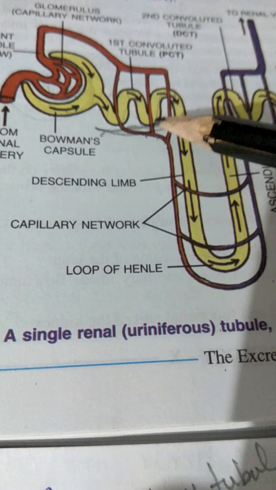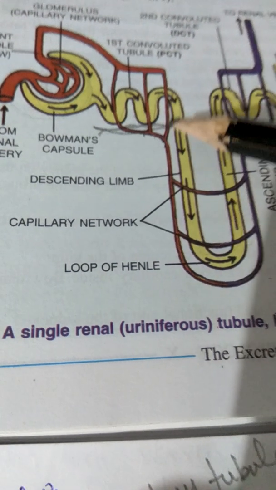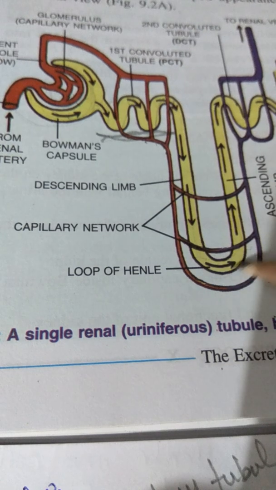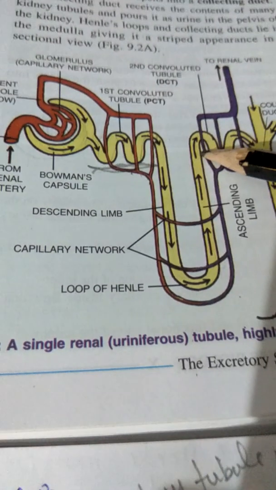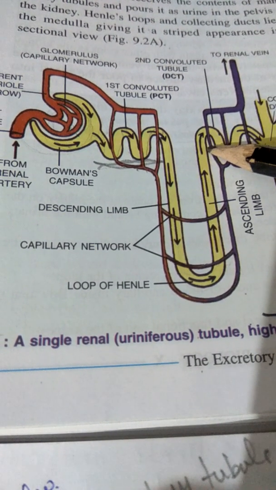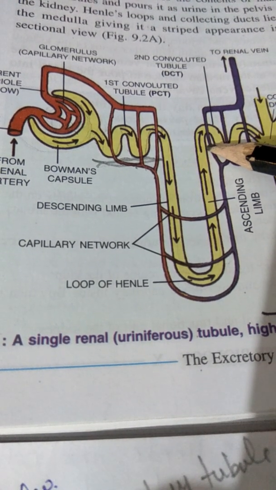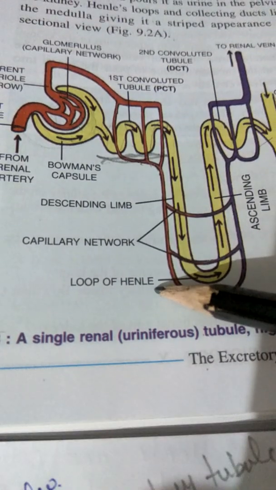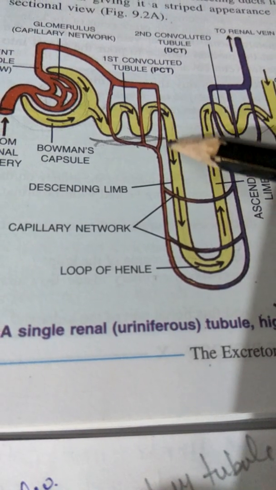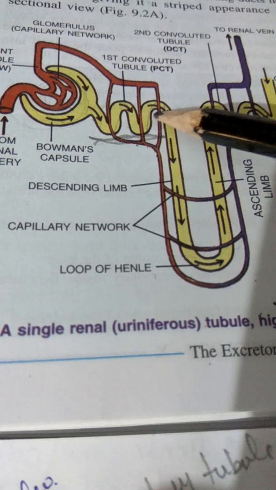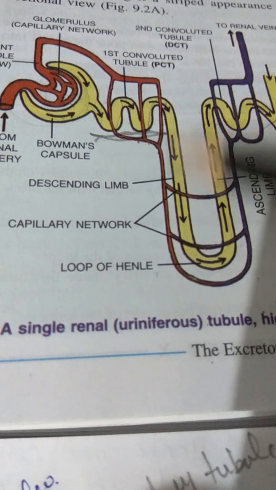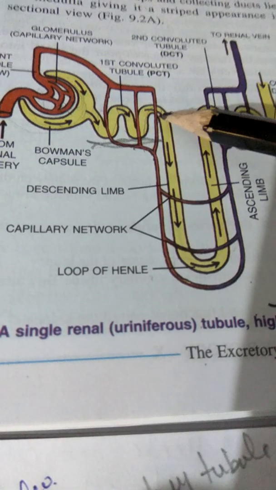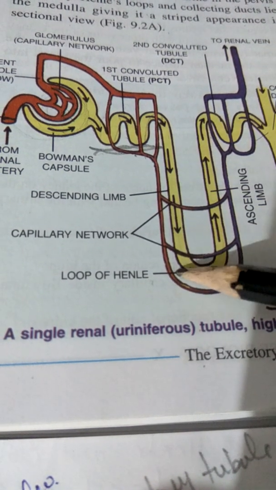Then comes the next tubular part. This convoluted tubular part runs into a U-shaped structure of the uriniferous tubule, called the loop of Henle. The proximal convoluted tubule runs downward, and this is the descending limb, descending meaning falling down.